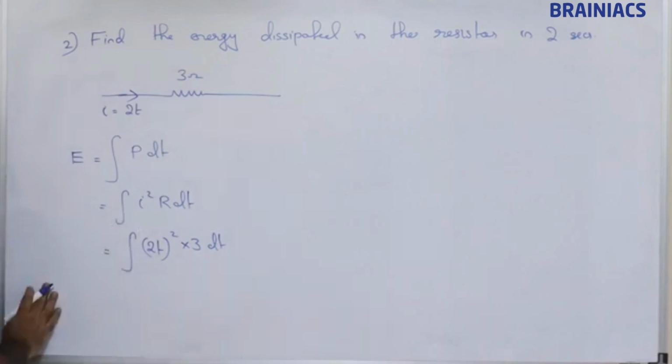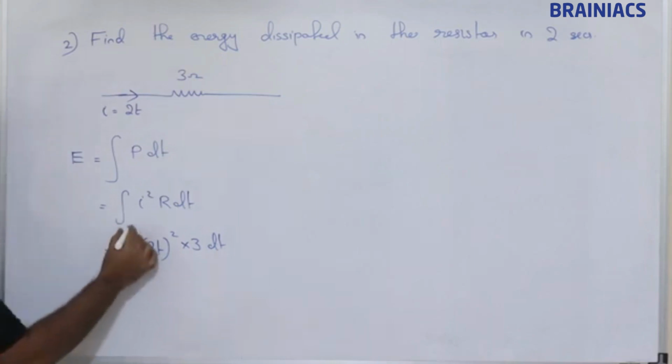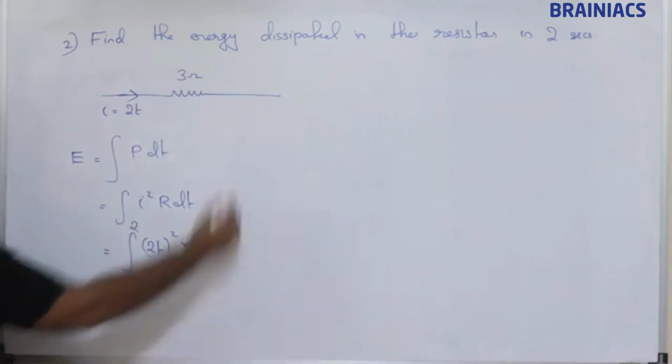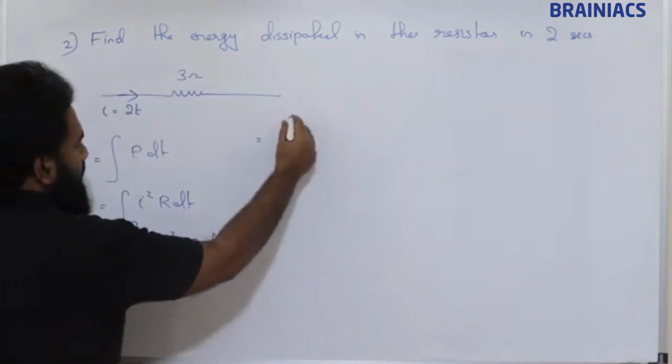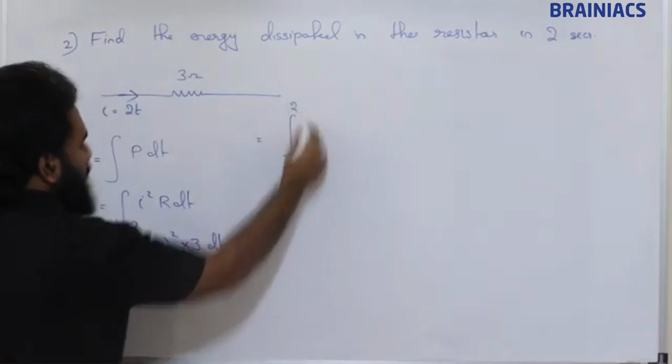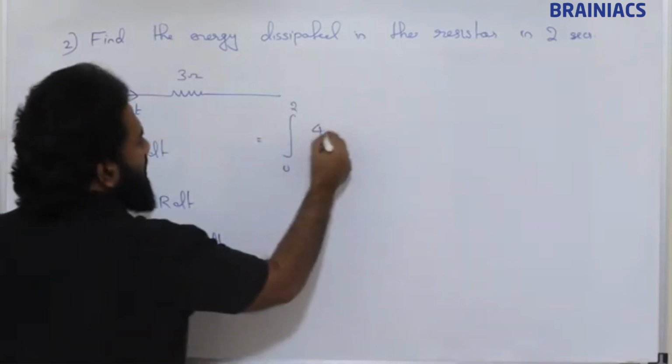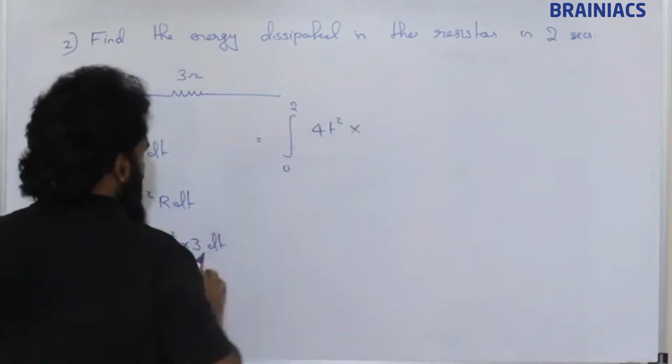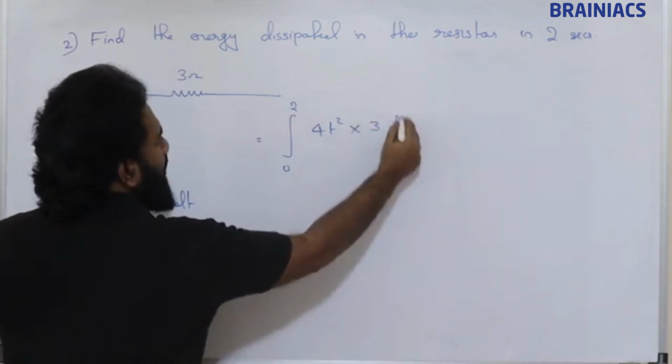What integration limits should we put? Energy dissipated in the resistor in 2 seconds, so 0 to 2. So from 0 to 2, this is 4T square into 3 dt.